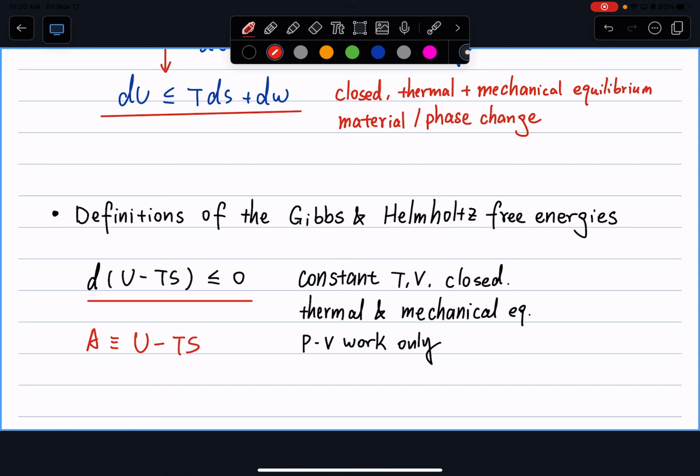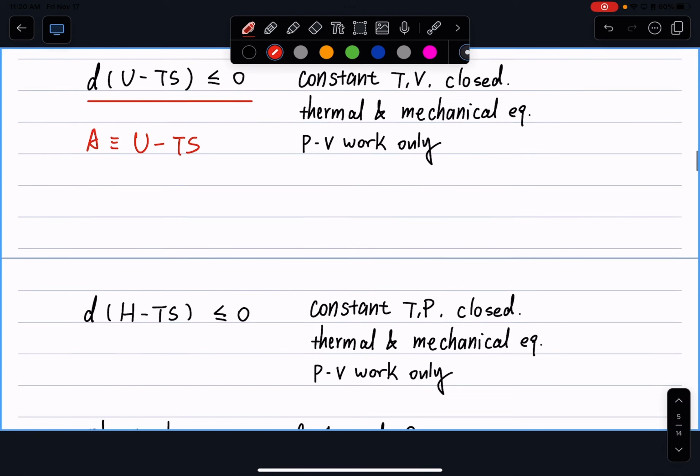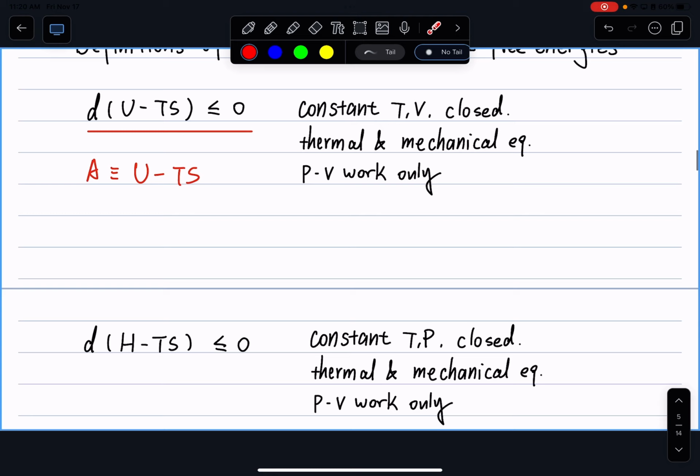Similarly, we did a derivation into this relationship that your enthalpy minus TS must be smaller than or equal to 0 at constant T and P, and here it is constant T and V. And we thus defined Gibbs free energy, G equals H minus TS. We're not going to do the derivation together, but if you don't remember how that's done, you can quickly go back and check it.